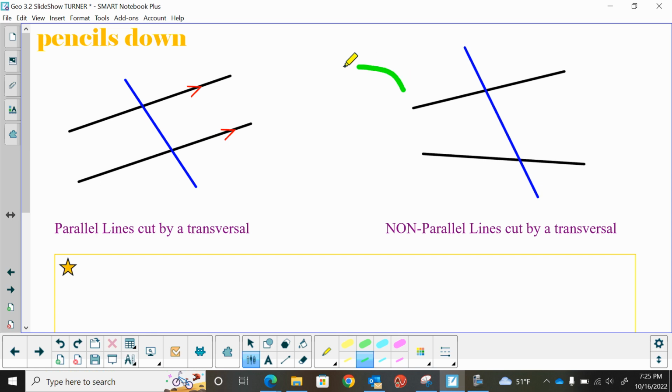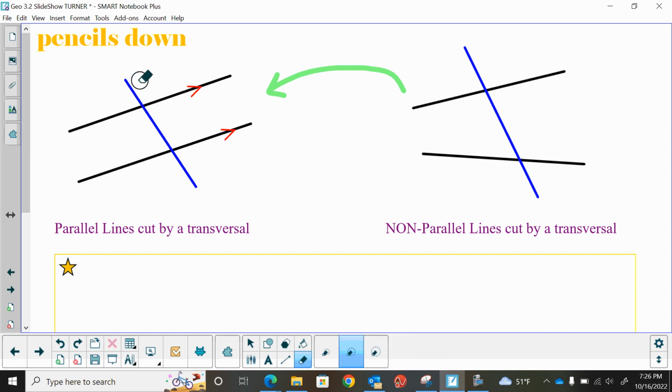Now look over here and see what the difference is. Now we're taking these two lines, straightening them out, and making them parallel. That's what's creating these duplicate angles, right? So this intersection of these 4 angles is going to be exactly the same as the intersection of those 4 angles.